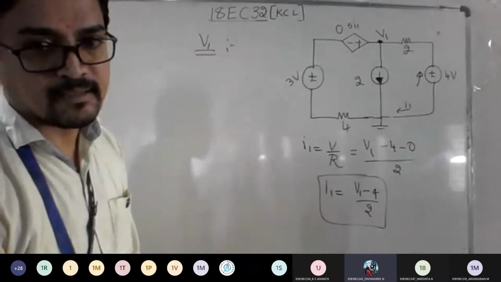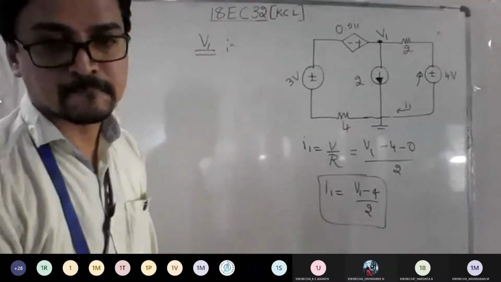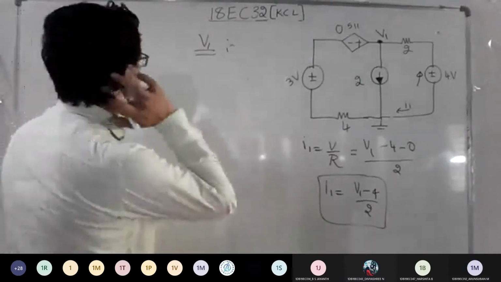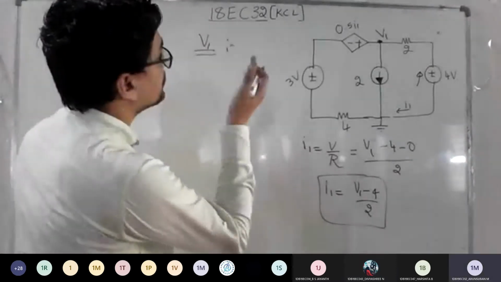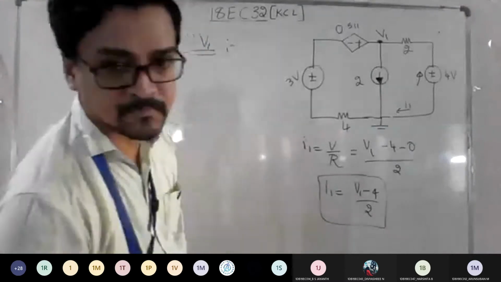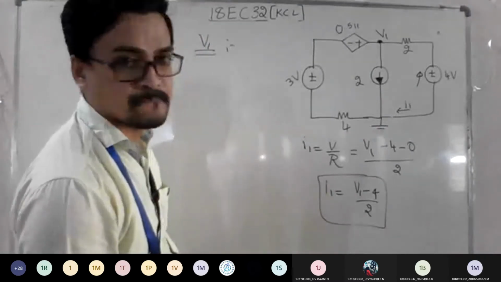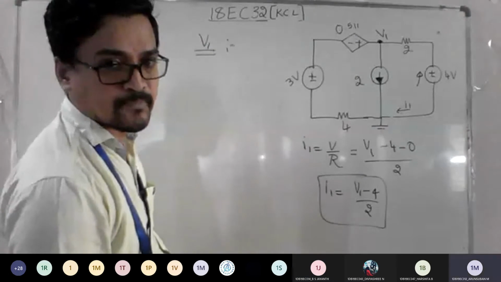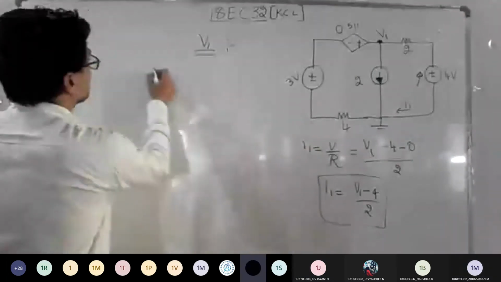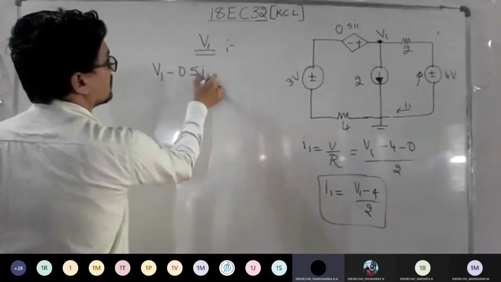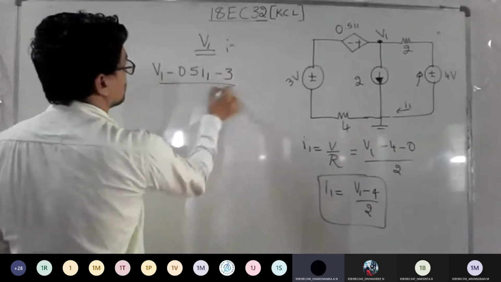Okay, others? Tell me the equation here. Plus 0.5 I1. Stick to the procedure. V1 minus or V1 plus? Plus, sir. V1 minus 0.5 I1 minus 3, divided by 4.